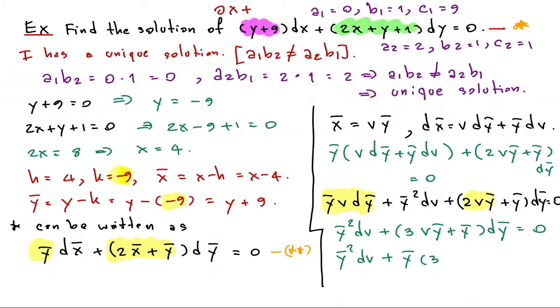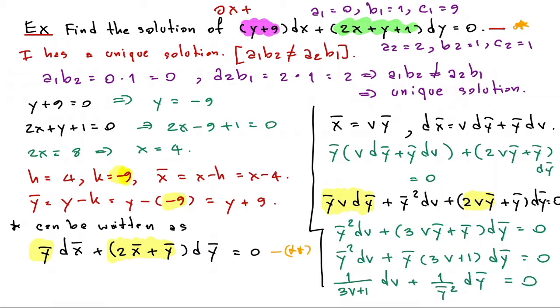3v plus 1 dy bar equals 0. Okay, so here it becomes 1 divided by 3v plus 1 dv plus 1 divided by y bar squared dy bar equals 0. Right?